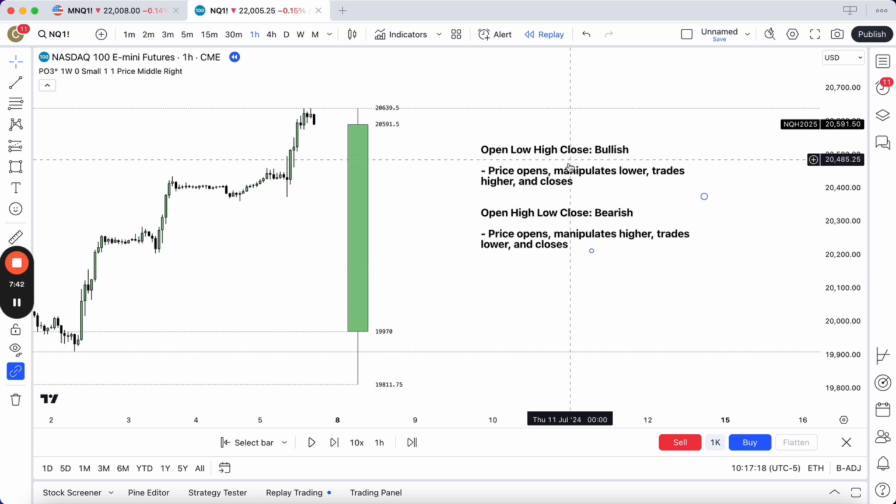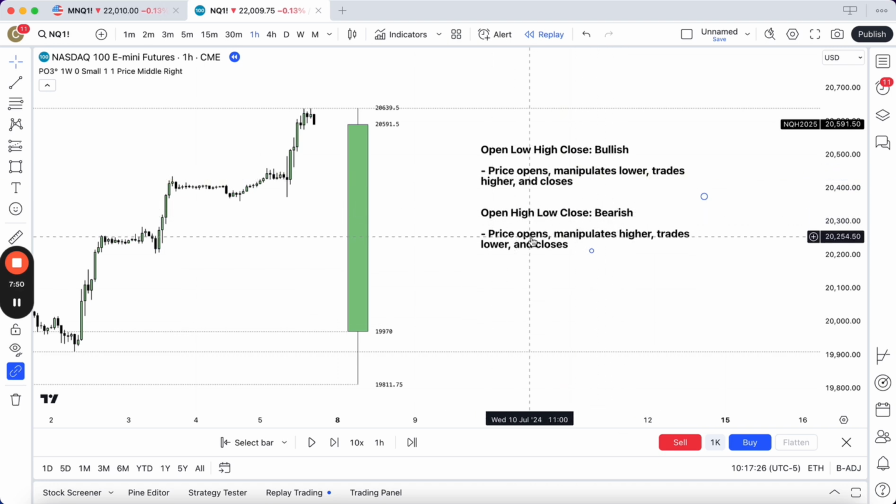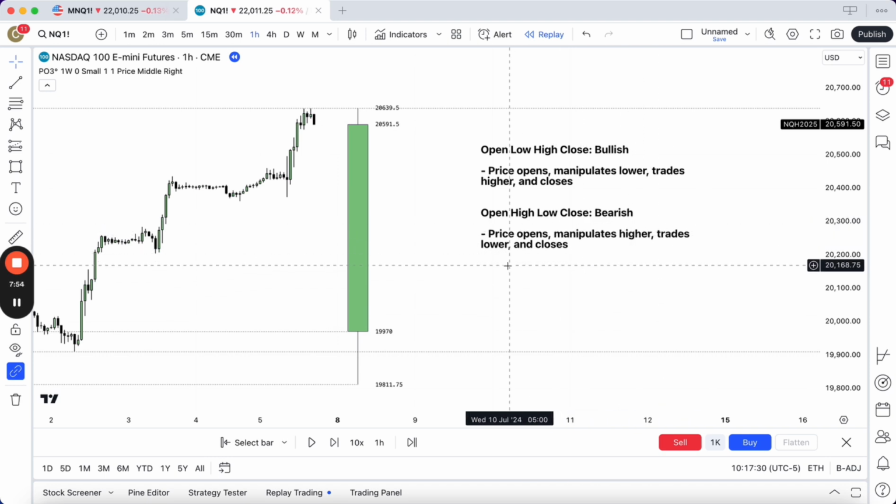Open, low, high, close is a bullish formation in which price opens, manipulates lower, trades higher, and closes. An open, high, low, close is a bearish formation in which price opens, manipulates higher, trades lower, and closes. So this is a full guide to open, low, high, close, and open, high, low, close. And this is probably one of the most important concepts when it comes to trading that will literally help you tenfold if you implement it properly.